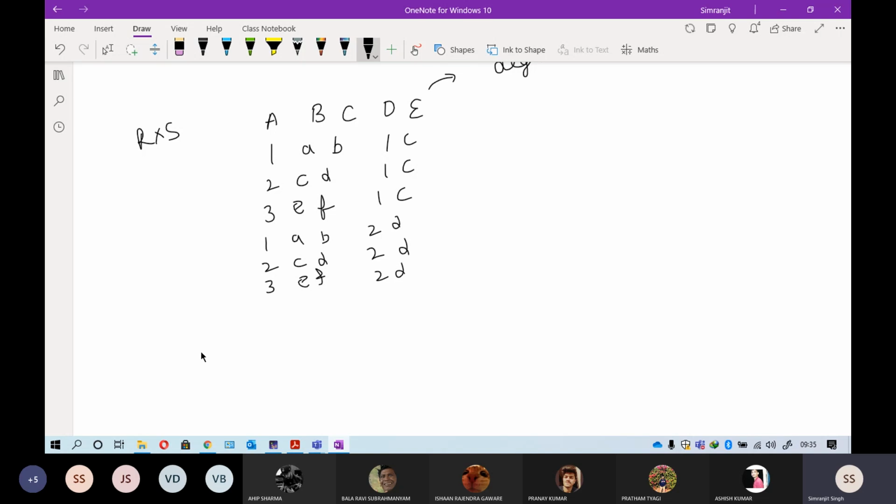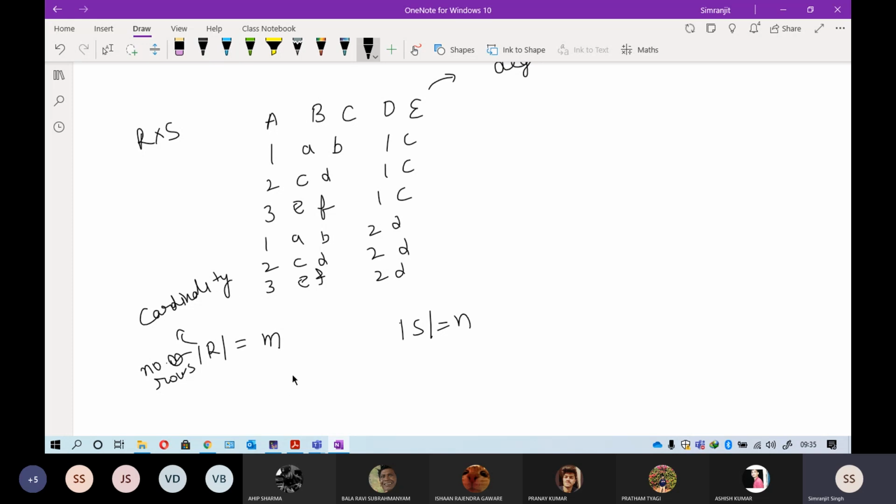The main point here is the cardinality of R. Cardinality means the number of rows in R. Suppose it is given as M, and the number of rows in S is given as N. Cardinality means the number of tuples.